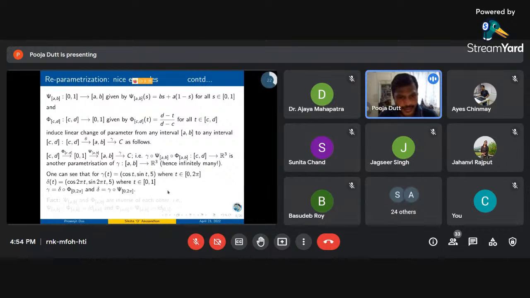And you can take the previous example. So if we have the curve, this cos theta, sin theta, 5, a circle on the plane z equal to 5, and it has a reparameterization, then one can check this gamma is nothing but this delta. For delta, the parameter interval is 0, 1.